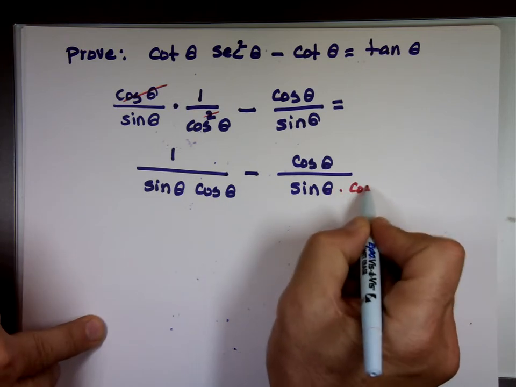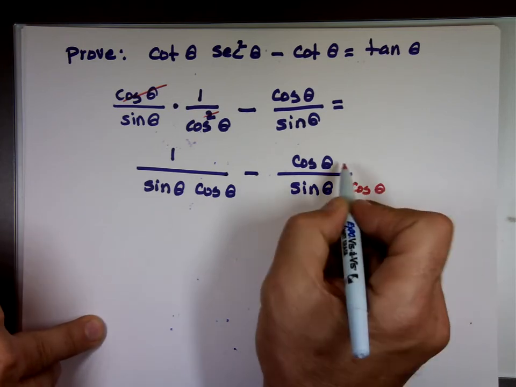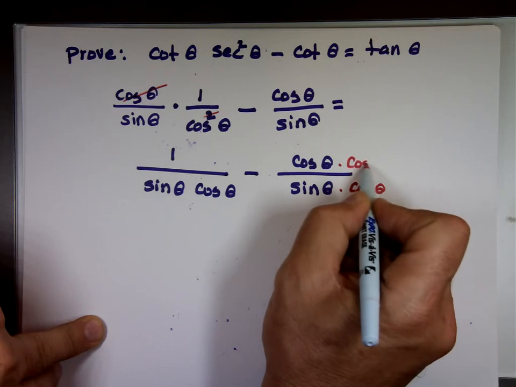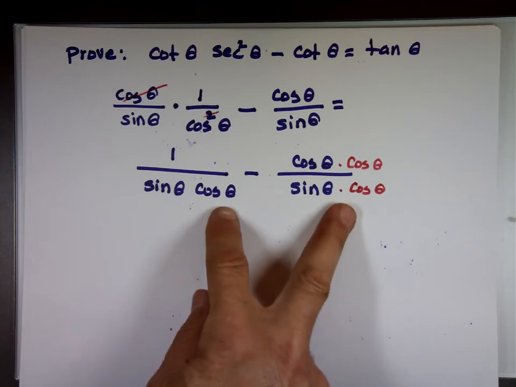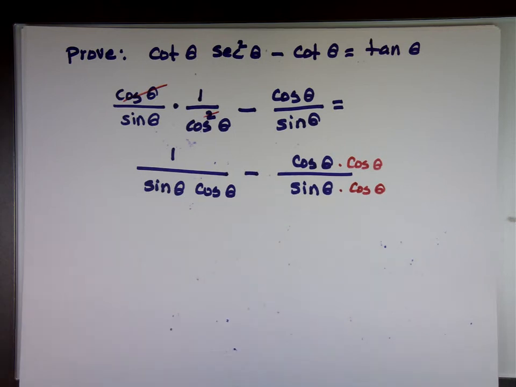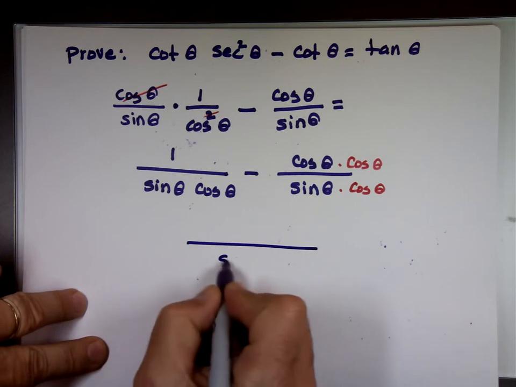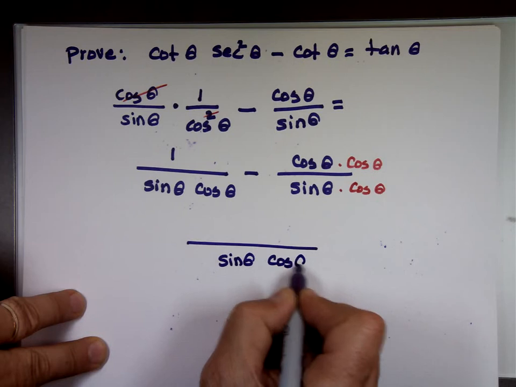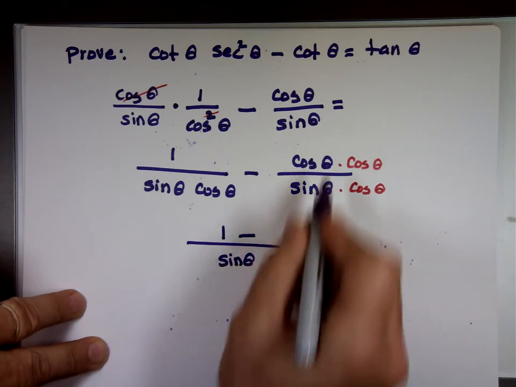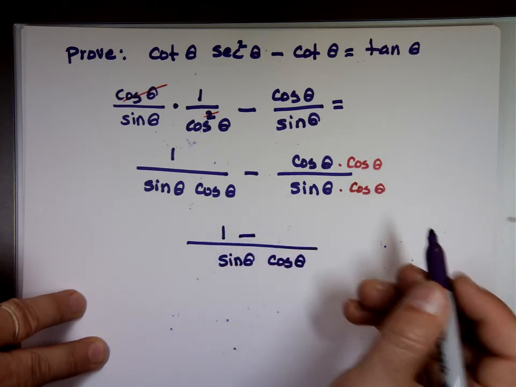If you multiply the bottom by the cosine, you have to multiply the top by the cosine. So now the bottom is the same. I can use one of them. One minus, what's cosine times cosine? Cosine squared, yep.